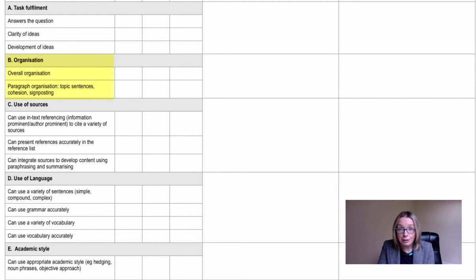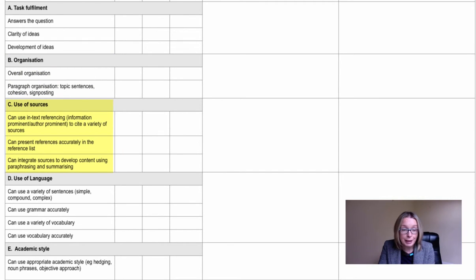This criterion, therefore, is concerned with cohesion, the linking, the ordering of the ideas, within and between the paragraphs, and also signposting, which creates a sense of progression in the assignment. It also looks into topic sentences and concluding statements of individual paragraphs and sections.